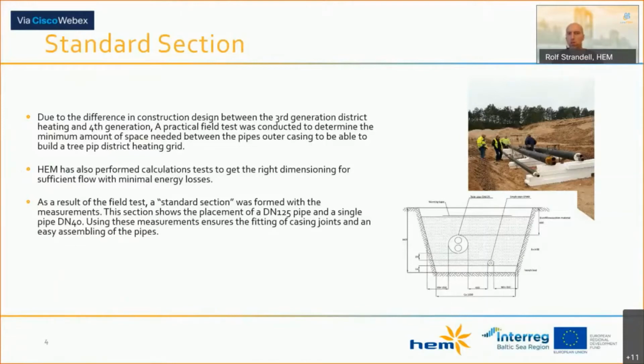So what were the challenges we saw here? One is, where should we place this third pipe? Because with every house, we need to make this service line from the line in the street, from the network in the street, into the house. So we're going to go strictly to the side.